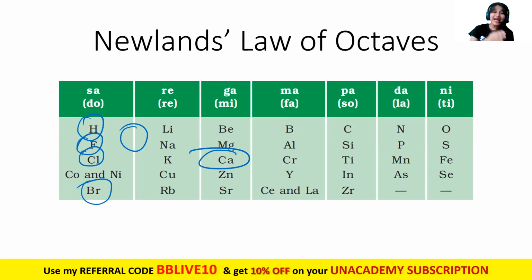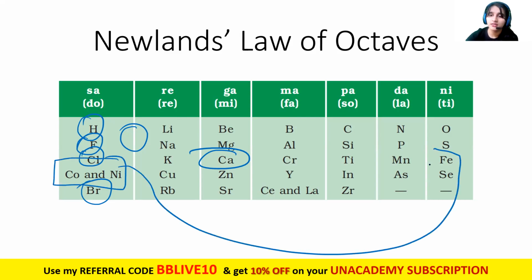Rather, they show similarities with Fe, don't you think? But they are so away from each other. They are at two ends of the table. And that was another limitation of Newland's law of octaves.